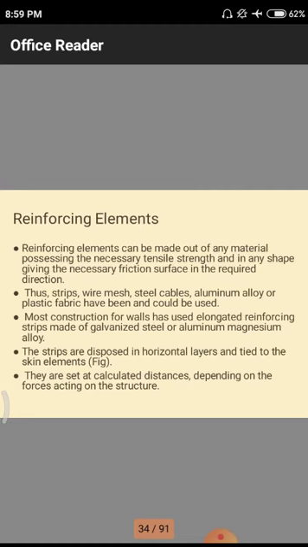Normally for the purpose of reinforcement, we are using steel. Whatever the material may be, it should possess tensile strength. Why? Because the force applied on the road has to be borne by this steel structure.